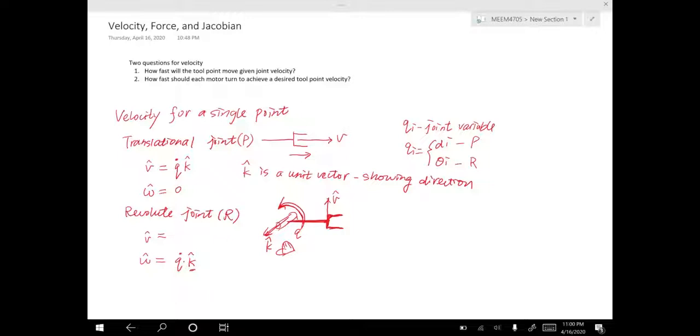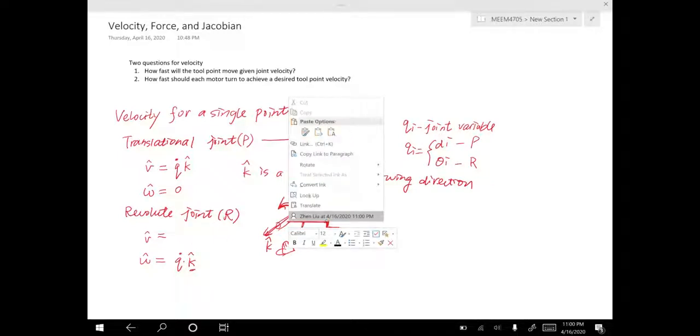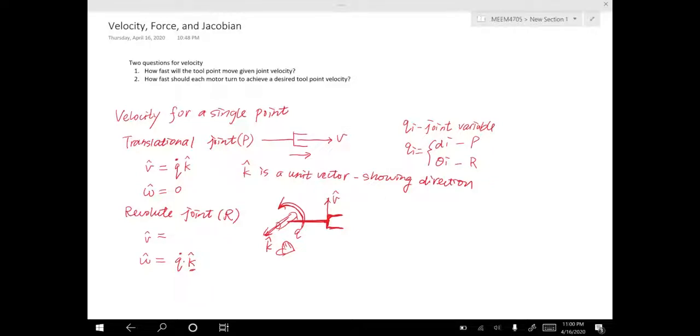So then what is the linear velocity of this point? Assume that this link, this end effector link, from the joint to the center of the end effector, we assume this is r. So what is the linear velocity?